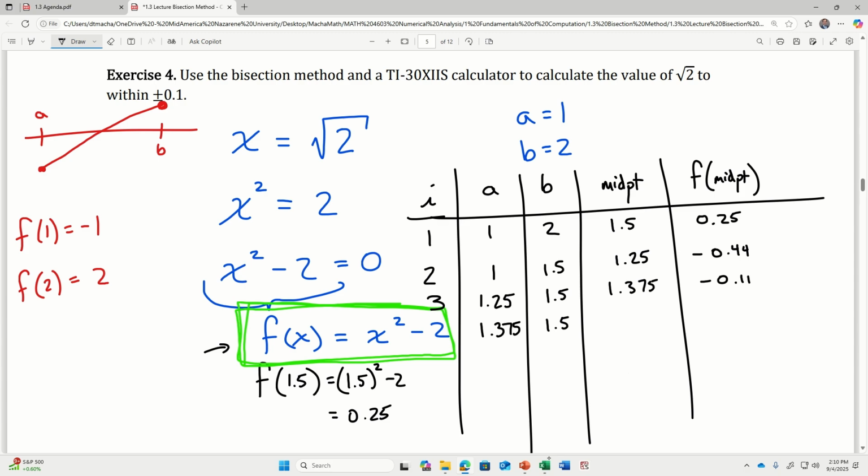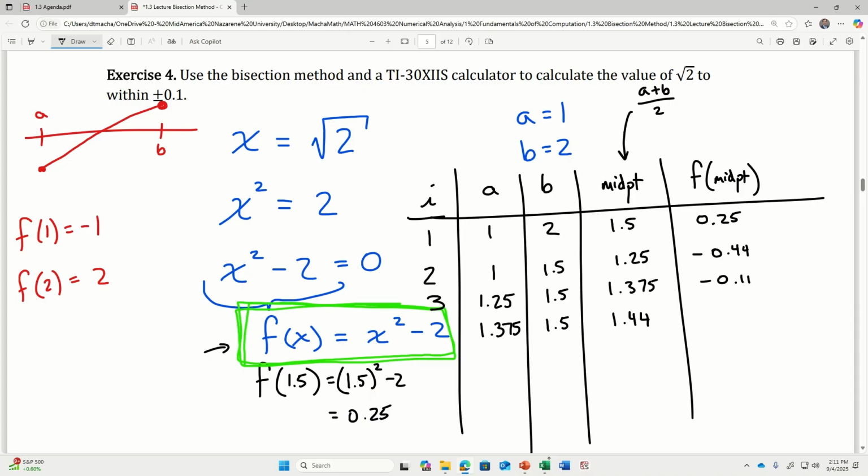The midpoint between 1.375 and 1.5? This midpoint is just a plus b divided by 2. 1.44?